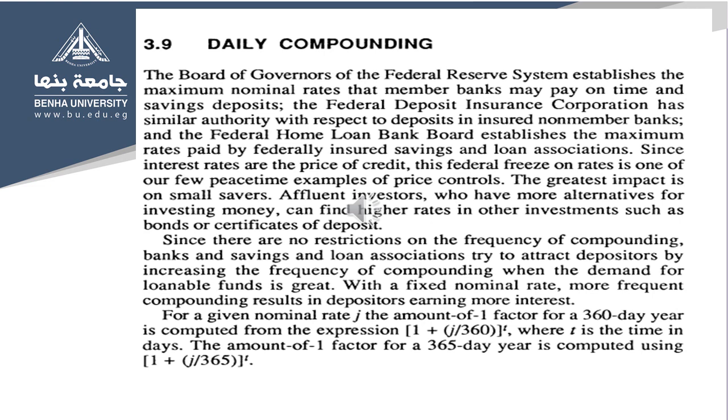The Board of Governors of the Federal Reserve System establishes the maximum nominal rates that member banks may pay on time and saving deposits. The Federal Deposit Insurance Corporation has similar authority with respect to deposits in insured non-member banks, and the Federal Home Loan Bank Board establishes the maximum rates paid by federally insured savings and loan associations.